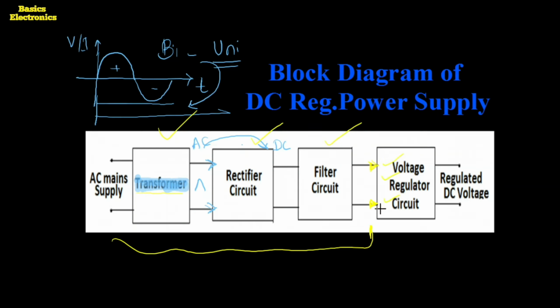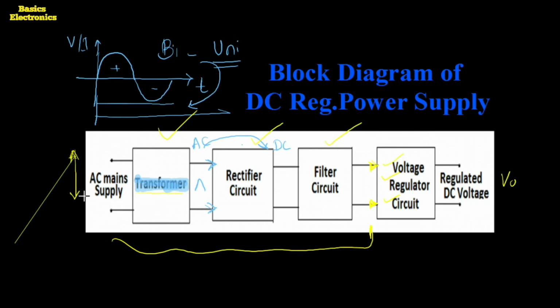We have to consider the voltage regulator circuit, and this voltage regulator circuit provides a stable output voltage, stable DC voltage, even if there is a change in the AC main supply.